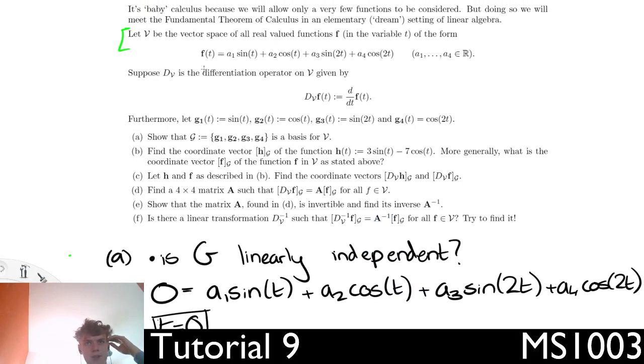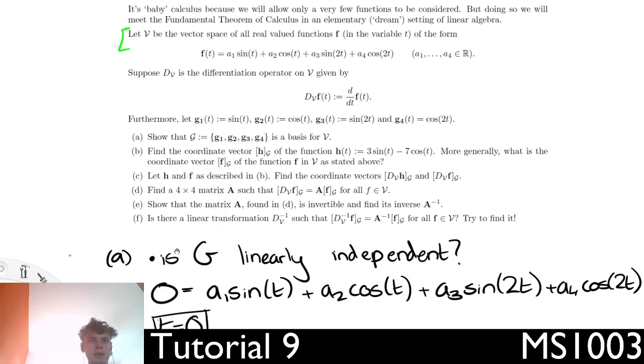Every vector in V looks like a linear combination of sine, cosine, sine 2t, cosine 2t, and the span of these vectors is going to be every linear combination of them. So obviously the span of G is the same as V.